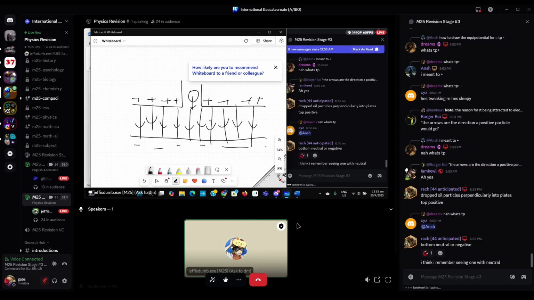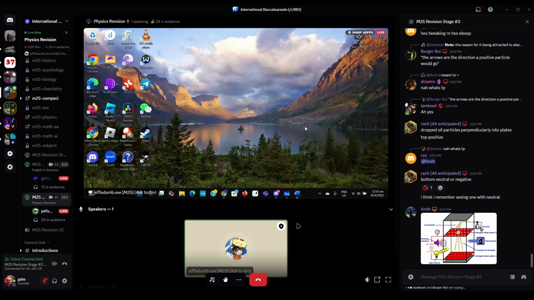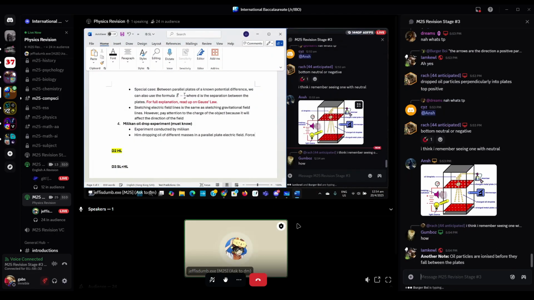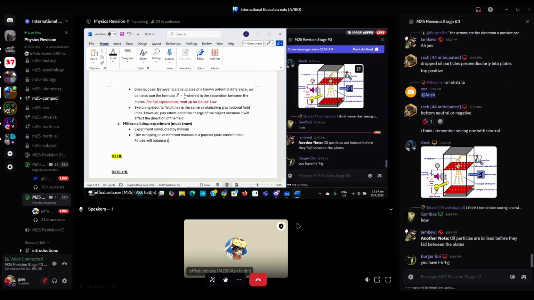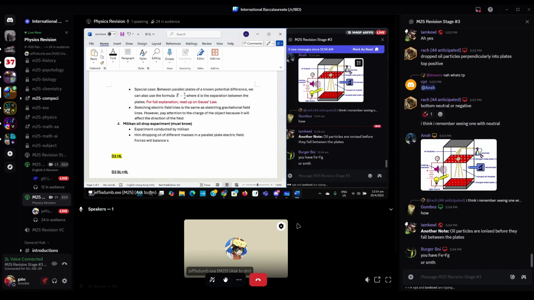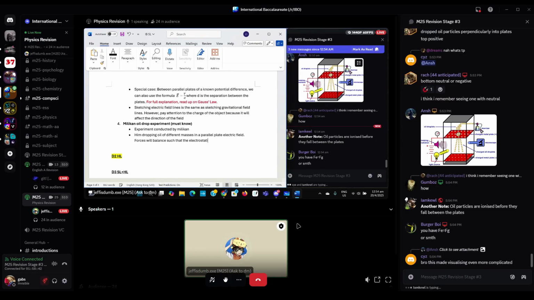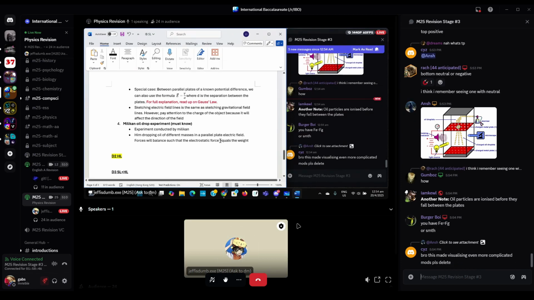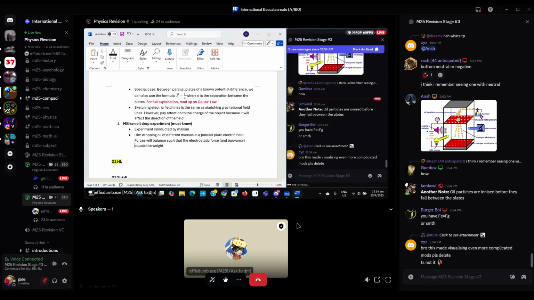It essentially is the same idea. He produces an experiment where there's a uniform electric field, and then the electrostatic force equals the weight.